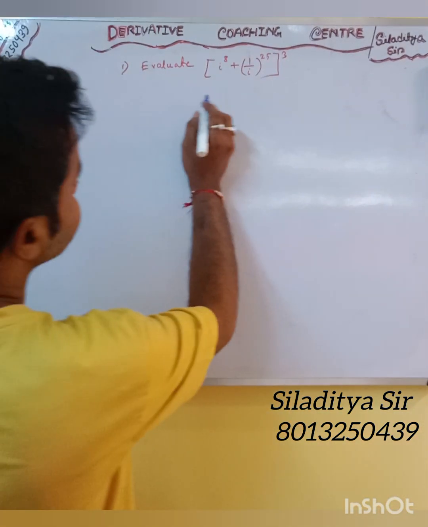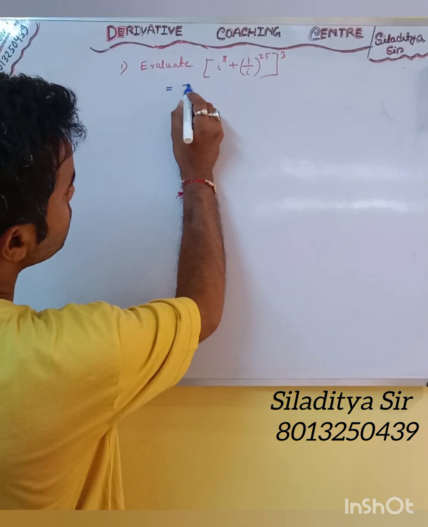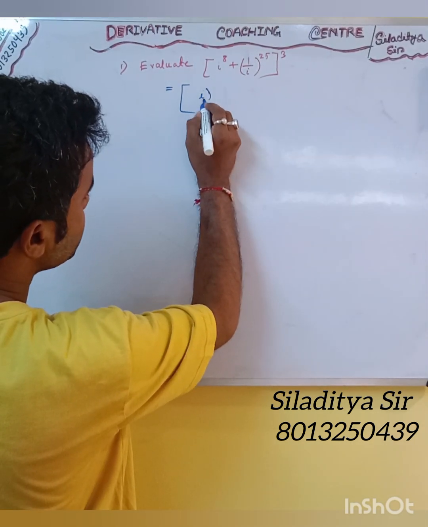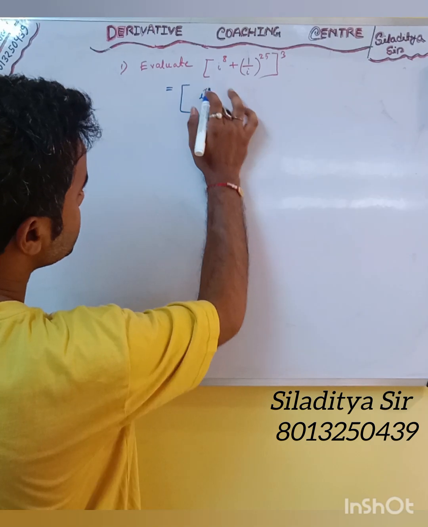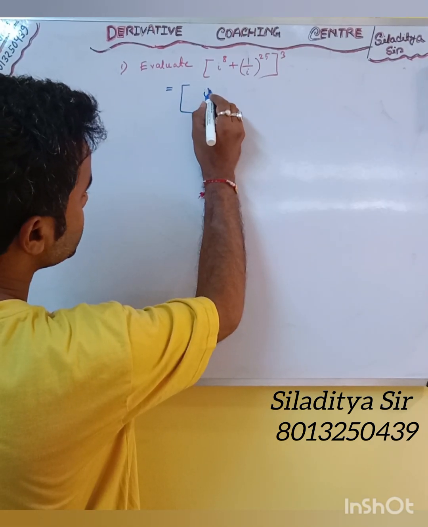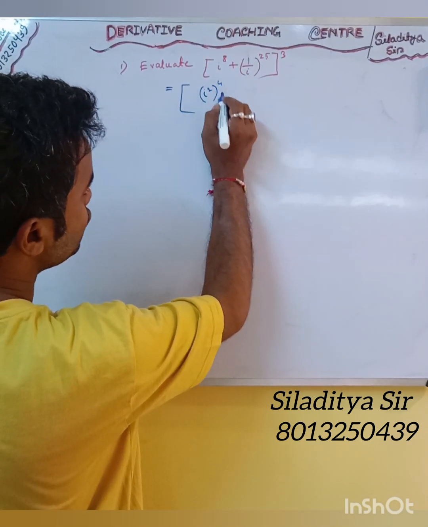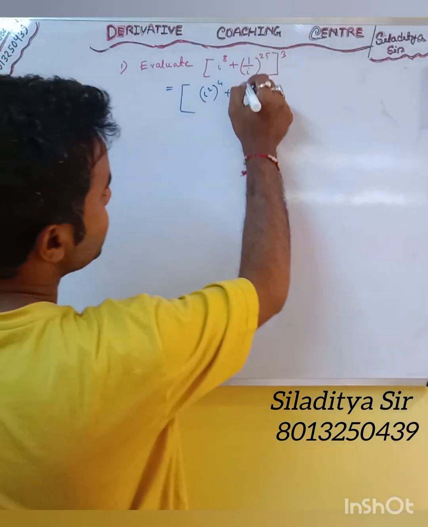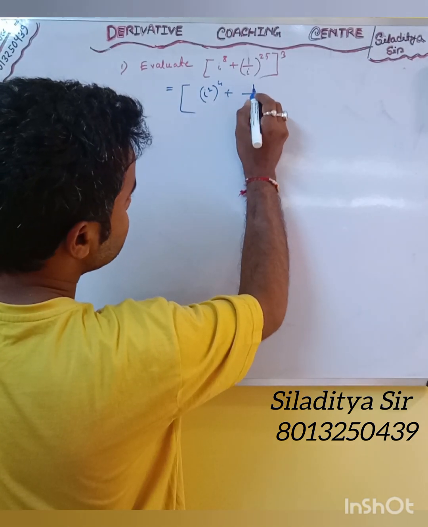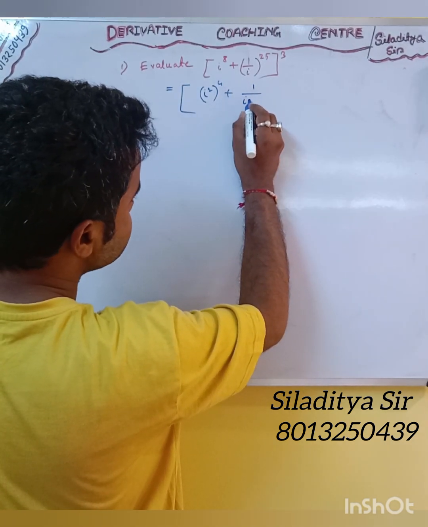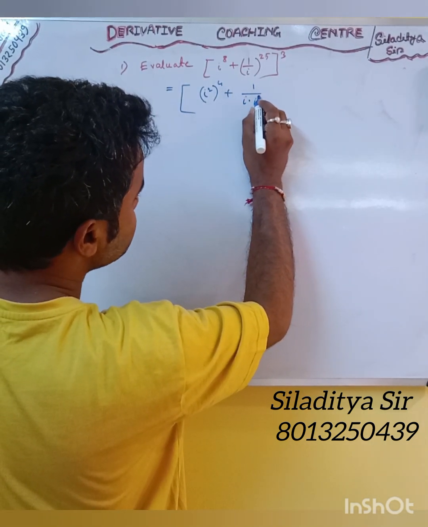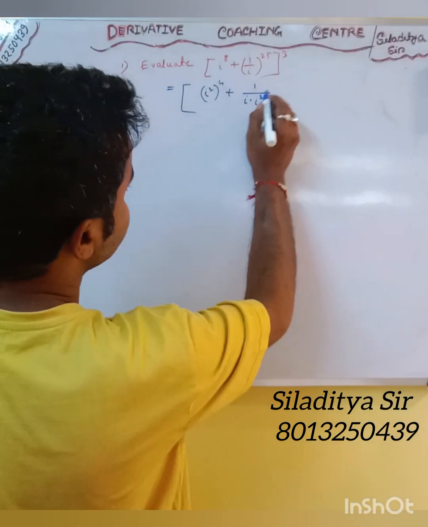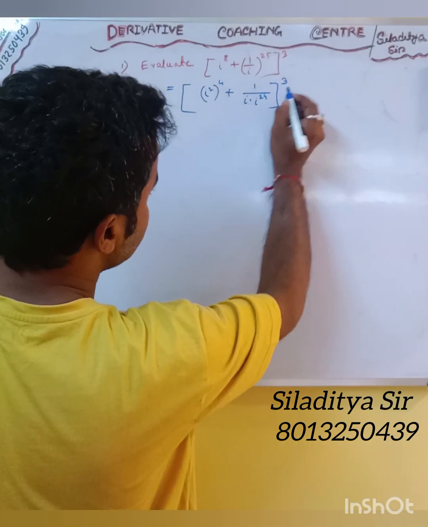So look, i to the power 18 means (i square) to the power 9, plus we can write 1 by i to the power 25 like 1 by i into i to the power 24.